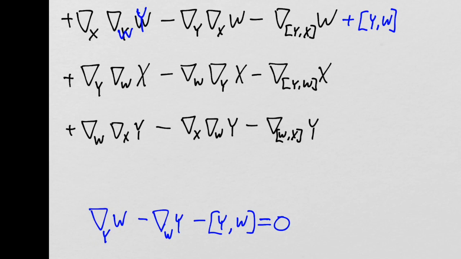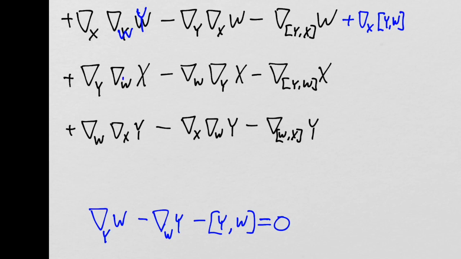I take this piece and I throw in this. Oh yeah, so I do need one other thing. This isn't just yw, right? It is the covariant derivative in the direction x of yw. So I can do this again for each of them.